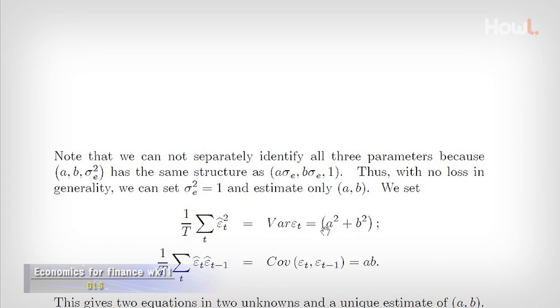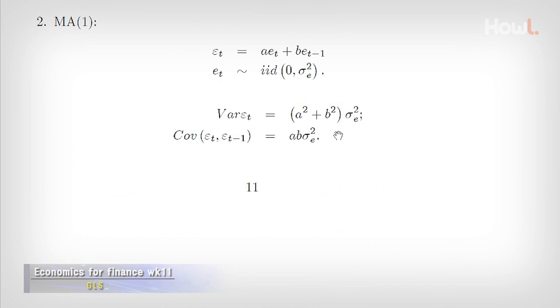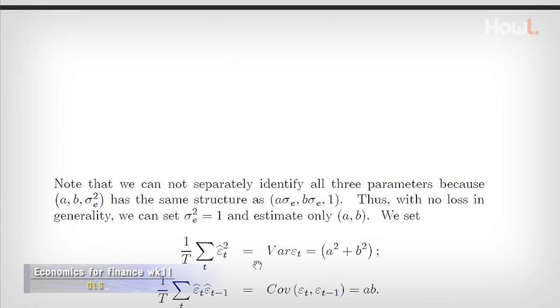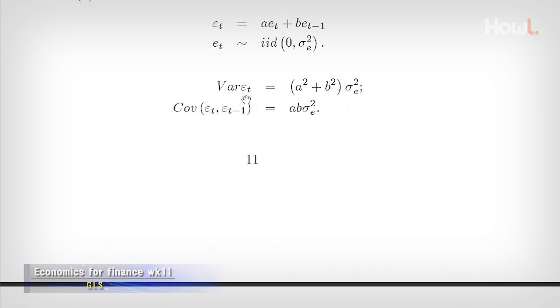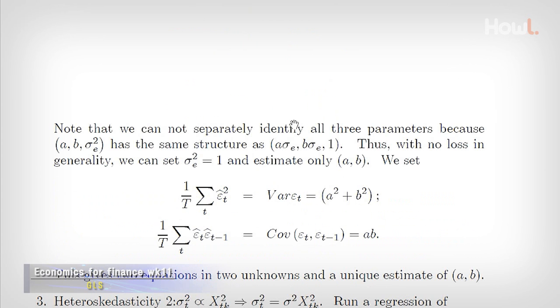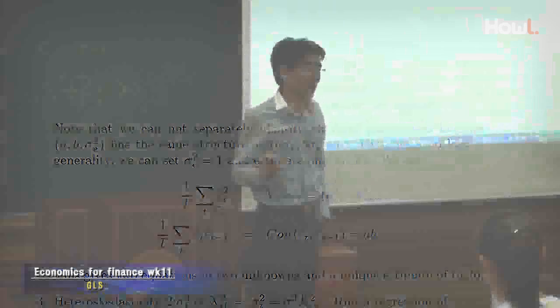Then, since we are assuming this part is 1, the variance of epsilon would be a squared plus b squared, and the covariance between epsilon t and epsilon t minus 1 is simply ab. We have two equations and two unknowns, so we can solve it. You can run the OLS regression and collect your OLS errors.